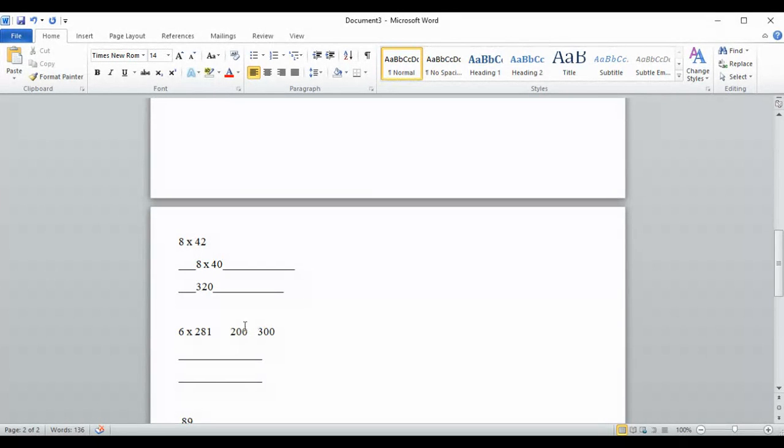And I can say, 281 is closer to 300 because I'm all the way up into the 80s. I'm a big fan of writing things down. So we're going to have 6 times 300. We're going to find the math fact, add the zeros. 6 times 3 is 18. Add 2 zeros. Put our comma in the correct spot.